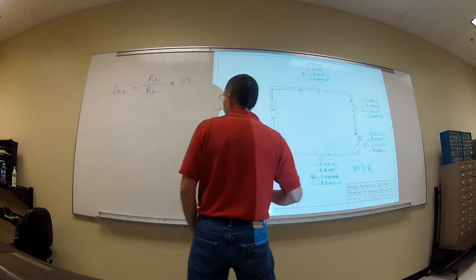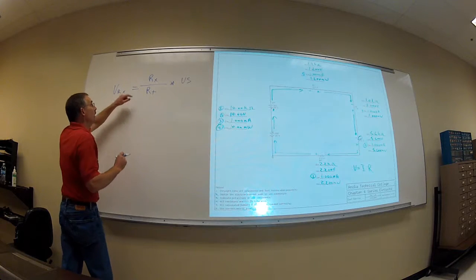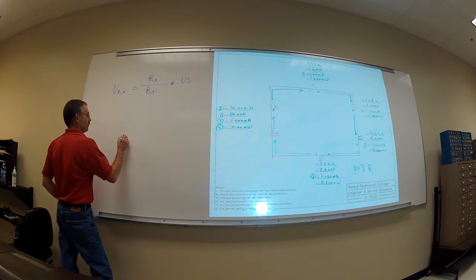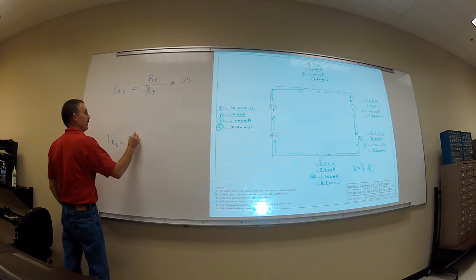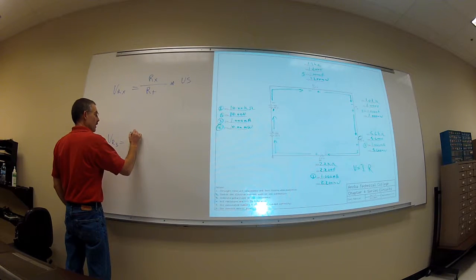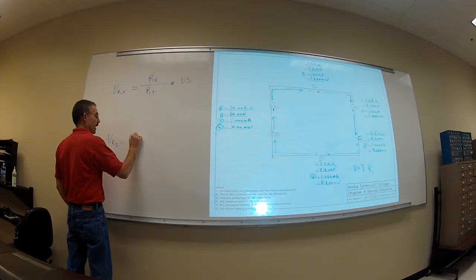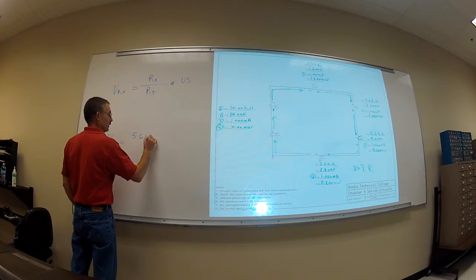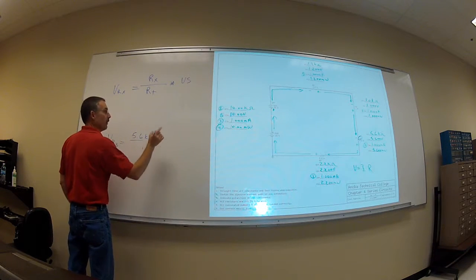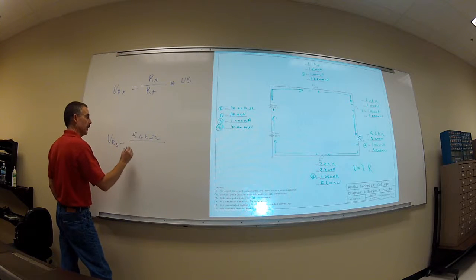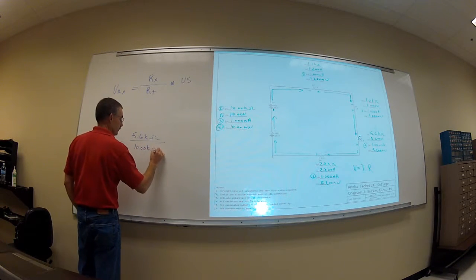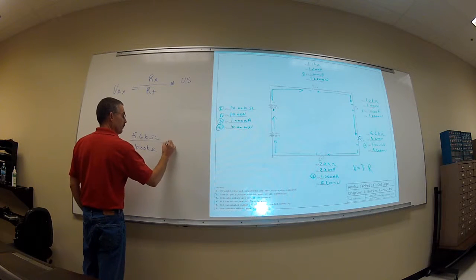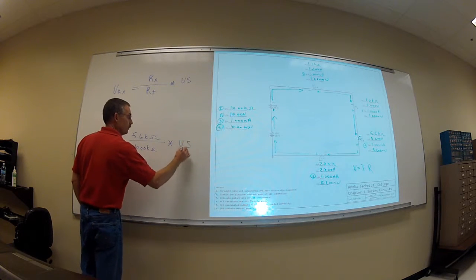In my calculator, my VR3 is going to be equal to my Rx, which is my 5.6 kilo ohms, divided by my total resistance of that circuit, which is my 10 kilo ohms, and then I'm going to multiply it by my voltage source.